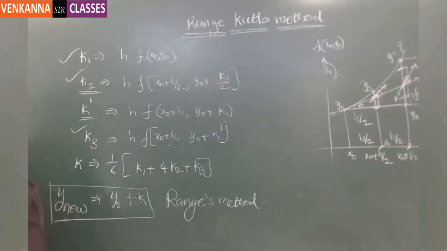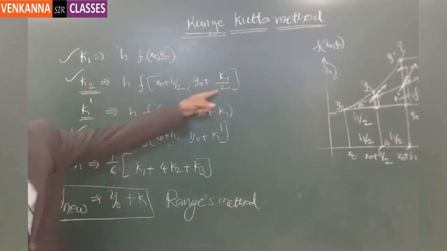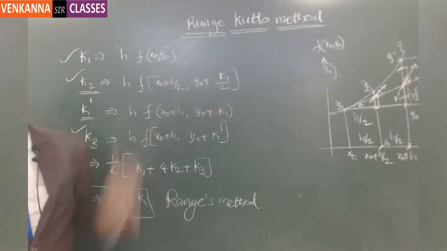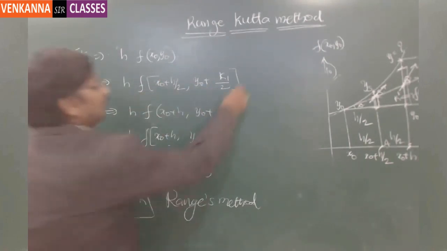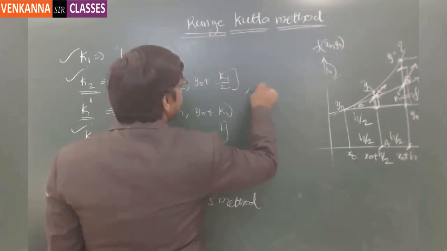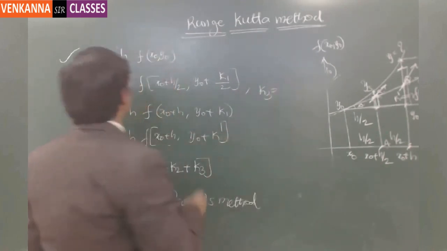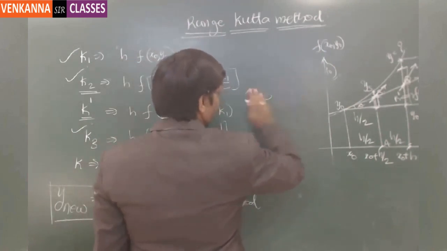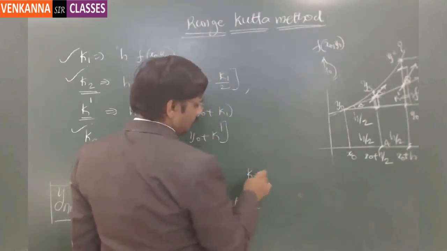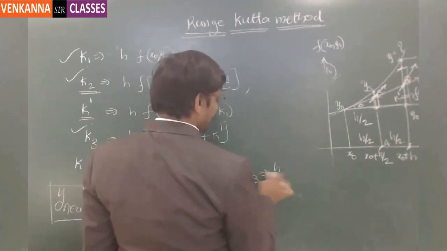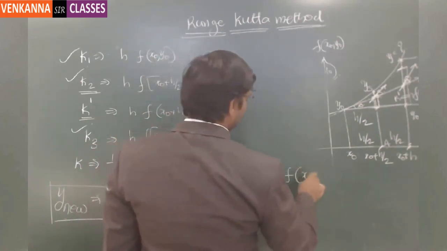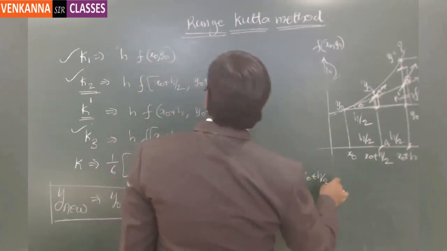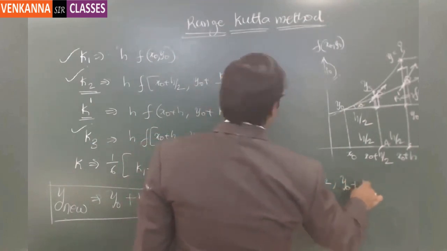Now rather than k dash, here itself we will use this k2 value to improve this value. So k3 equal to h times of f of x naught plus h by 2 comma y naught plus k2 by 2.